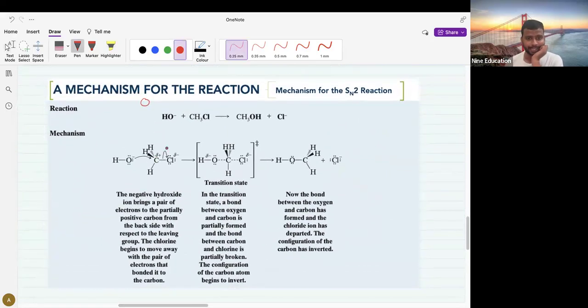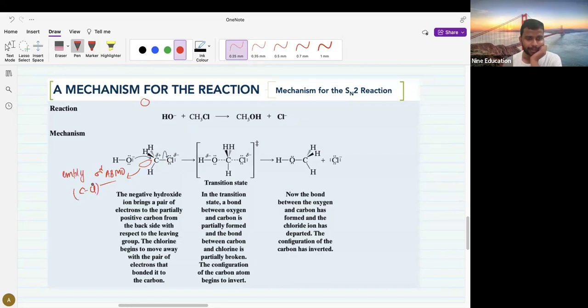if this H and Cl are in the plane of the reaction, this OH minus will come and attack from the backside. It will attack this orbital, which is the sigma anti-bonding molecular orbital. So carbon has two orbitals. One is the bonding molecular orbital of C-Cl, and this is the sigma anti-bonding molecular orbital, which is empty.